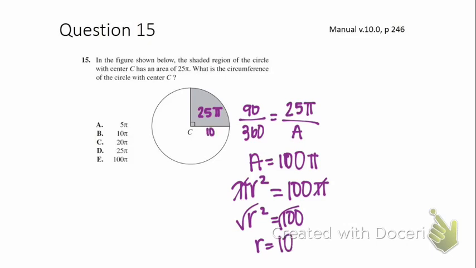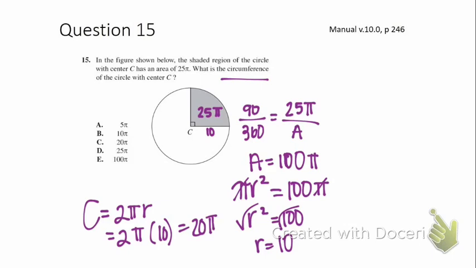And so then the question is, what is the circumference of the circle? Circumference is equal to 2 pi r. So 2 times pi times 10 is 20 pi, which is C. Okay, good.